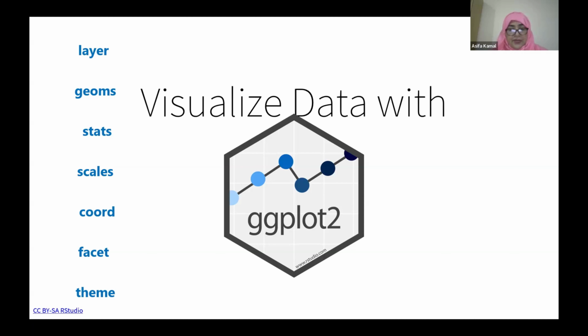Then there is the facet layer. A facet specifies how to break up and display subsets of data, displaying multiple subplots in a single graph. A theme controls how to display the data in terms of font size, background color, or design.